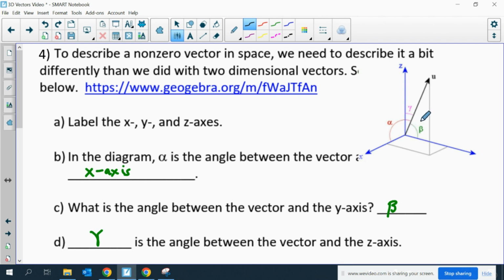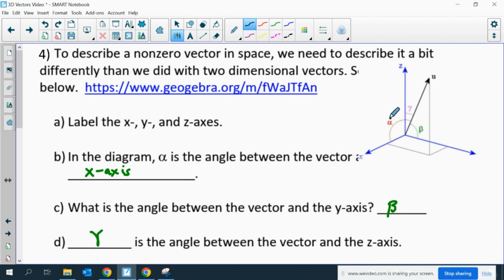There aren't just quadrants, there's a lot of different places that you can put it. There are octants when you have 3 dimensions here. So if we want to label where it is, we have to describe 3 different angles.